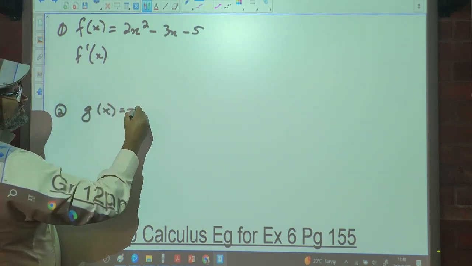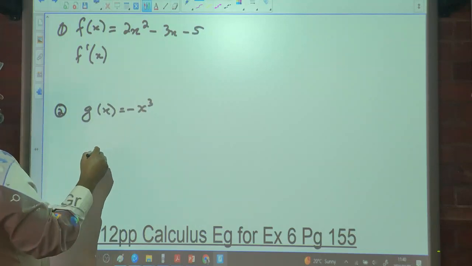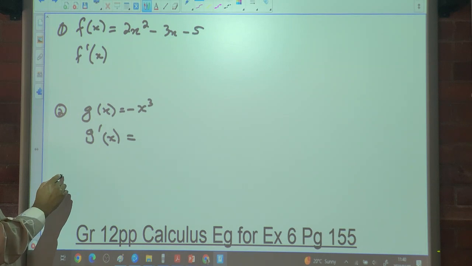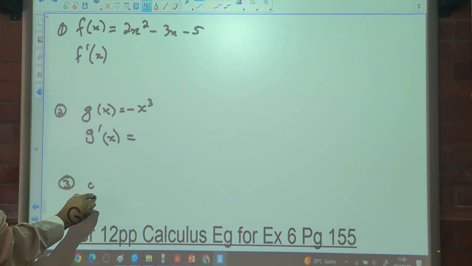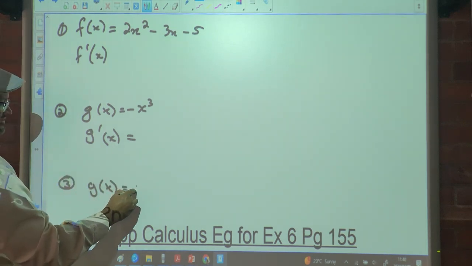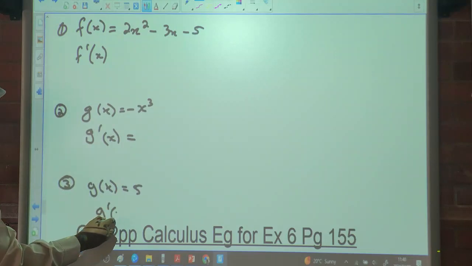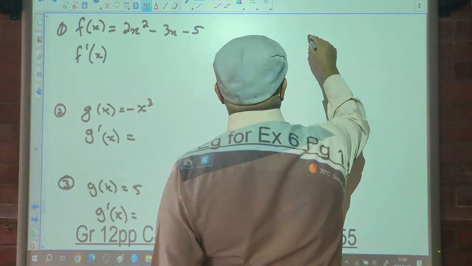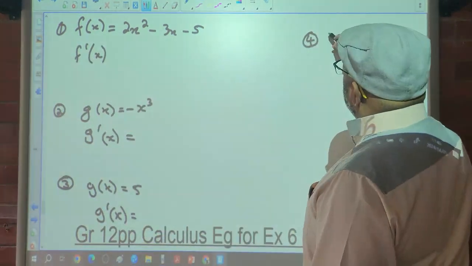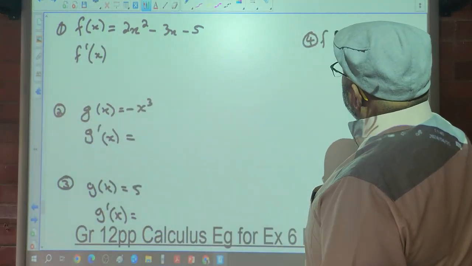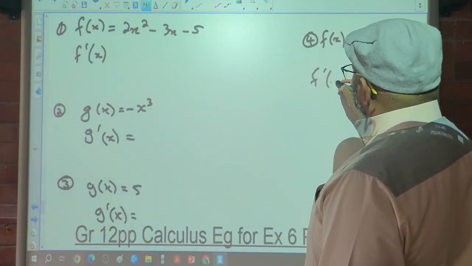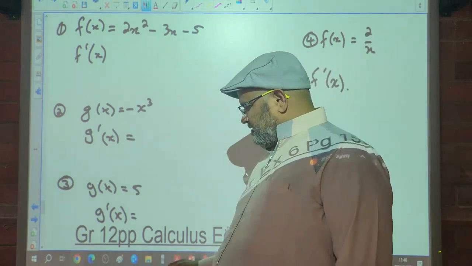Negative x cubed. The third one, g of x equal to 5, is that correct? Yes. And then the 4th one was y, f of x. Yes. Alright.